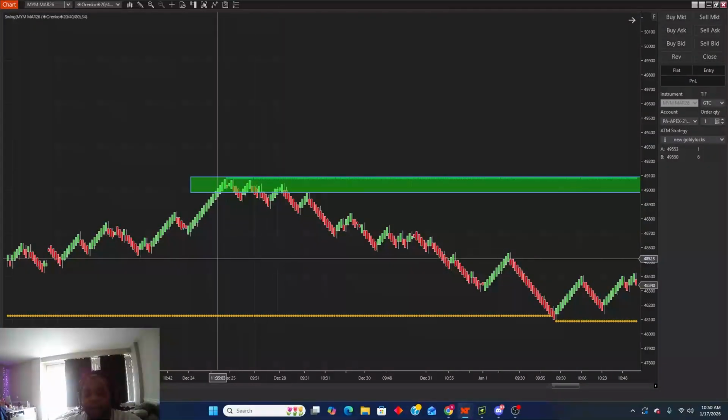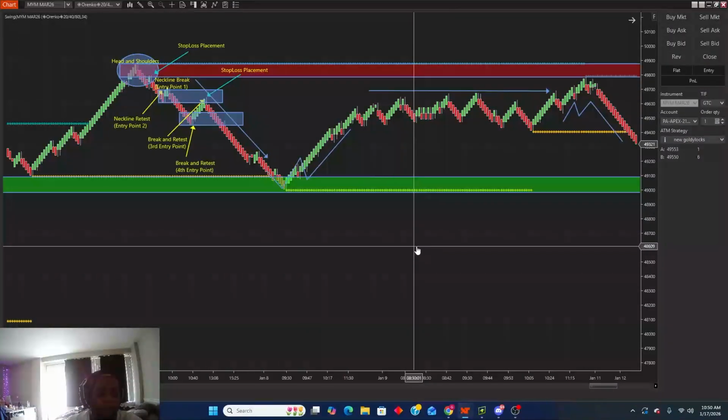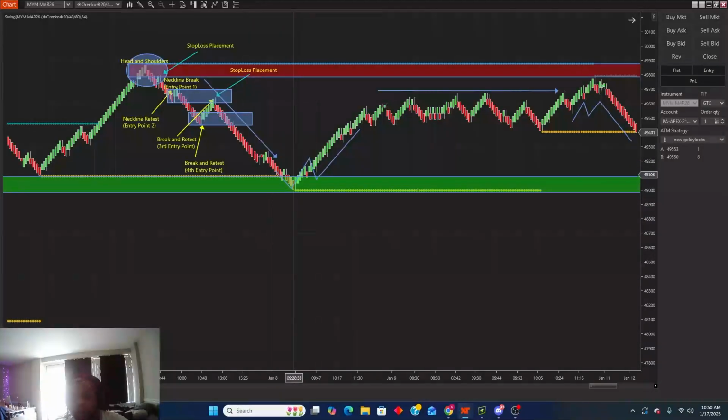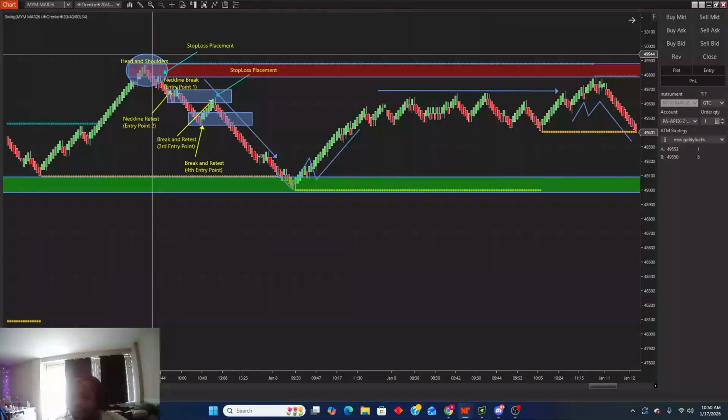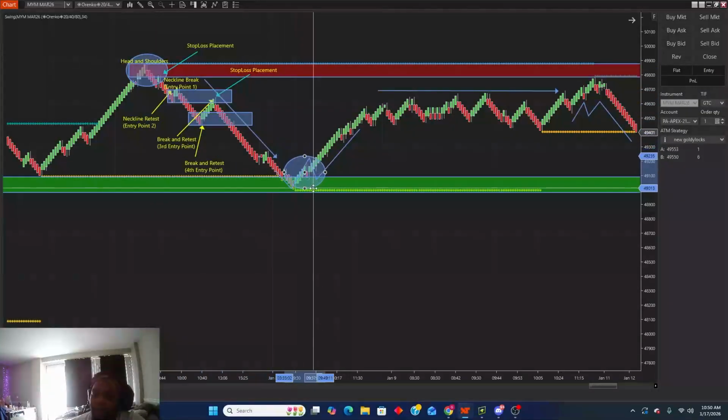Now, I have this green line marked out because on a higher time frame, it is a swing high on a 4-hour. We came to a 4-hour external low. What do we see here? Boom.